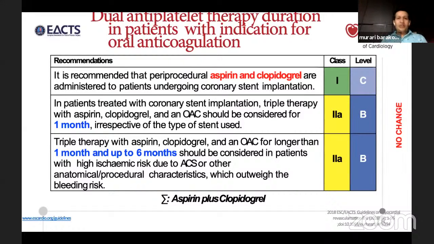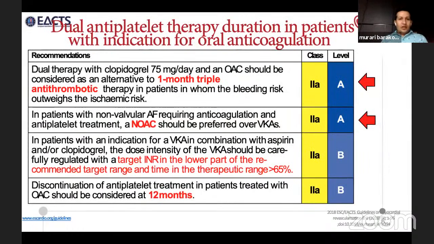So the situation is we have to tackle both the venous thrombosis as well as arterial thrombosis. Most of the time, we used to give triple therapy for about a month, but the situation has changed right now. We tend to give triple therapy for as short as possible, and if possible, in non-valvular AF, we want to give a NOAC.